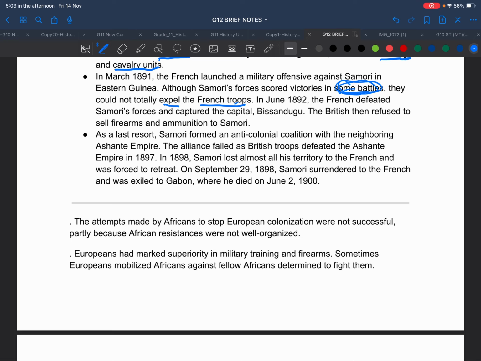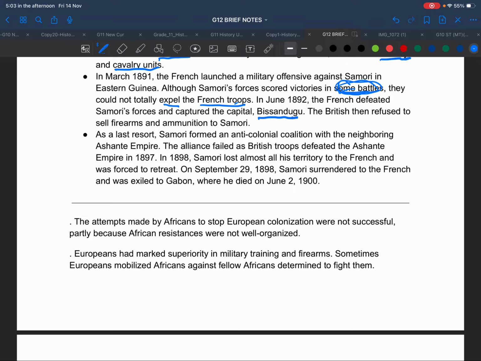In June 1892, the French defeated Samori's force and captured Bisandugu, the capital of Samori.